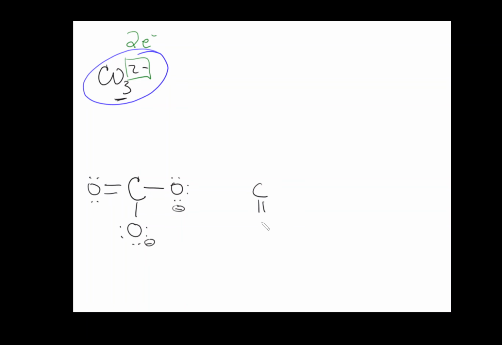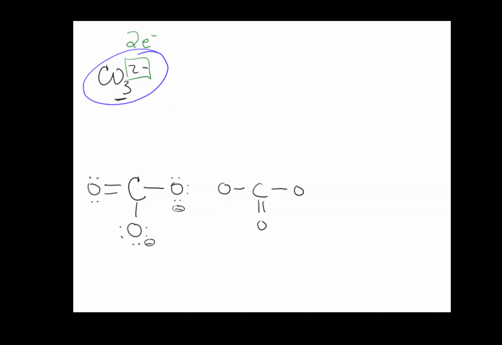Alright, so I'll put it there. Keep the same backbone. Notice I have the same backbone, if you will. I have kind of this T picture going. Keep that same backbone when you're drawing your resonance structures.